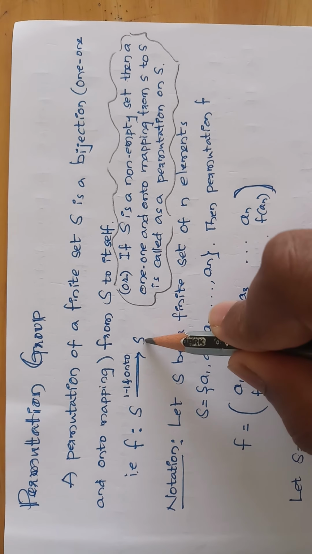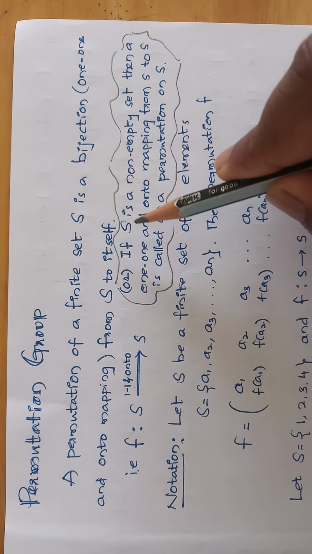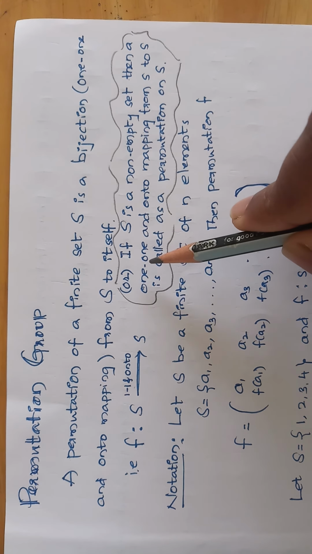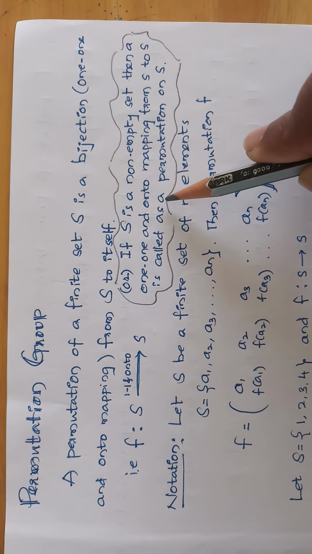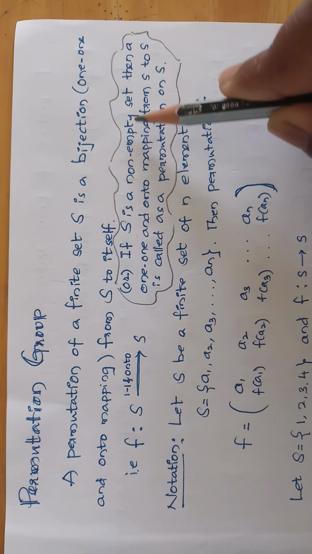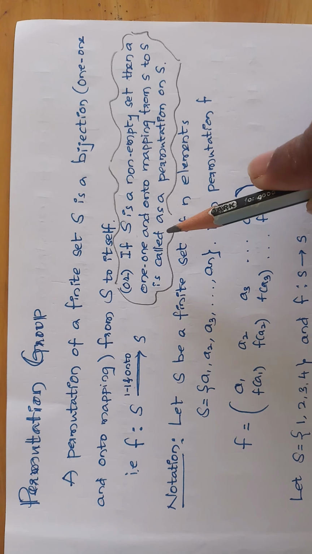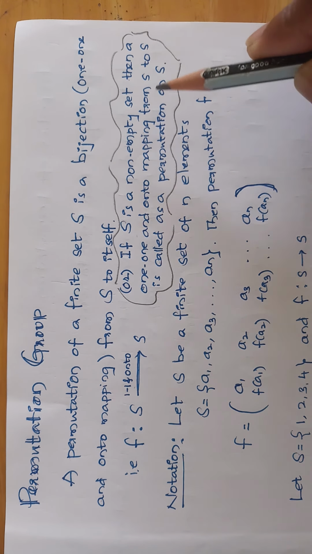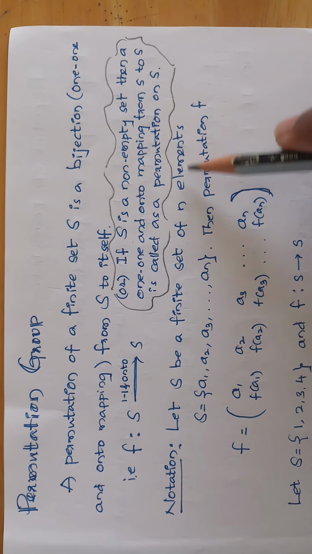In other words, if S is a non-empty set, then a one-one and onto mapping from S to S is called a permutation on S. The notation for this is, let S be a finite set of n elements.